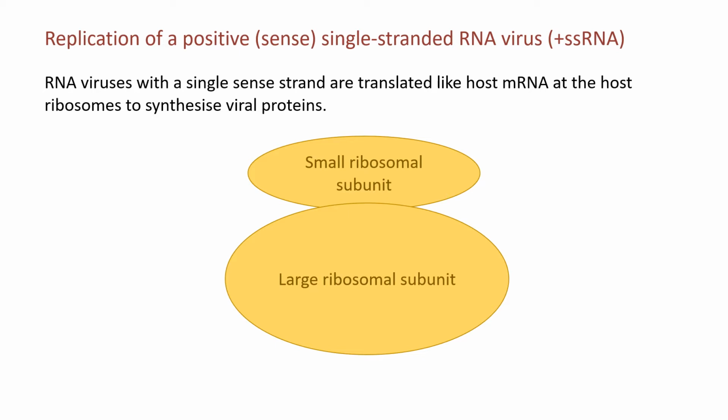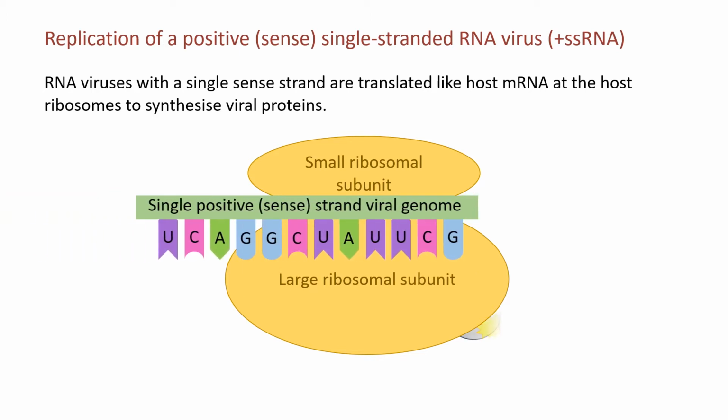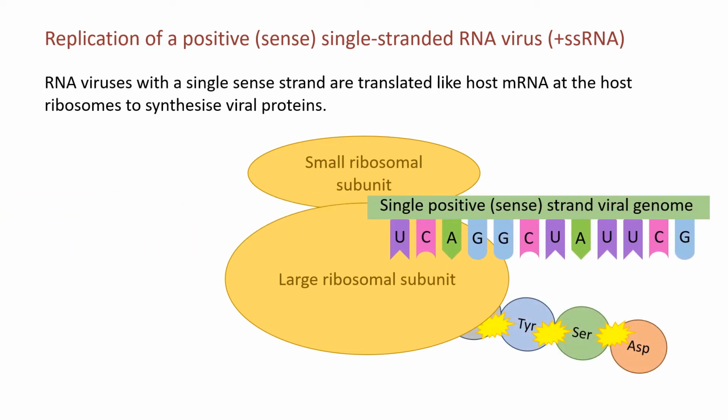Because of the codons on that single sense strand, it enables it to synthesize the proteins that it needs for all the little babies it's going to make. So all the polymerases, the capsid proteins, that sort of thing. So the single or positive sense strand comes in from the virus.